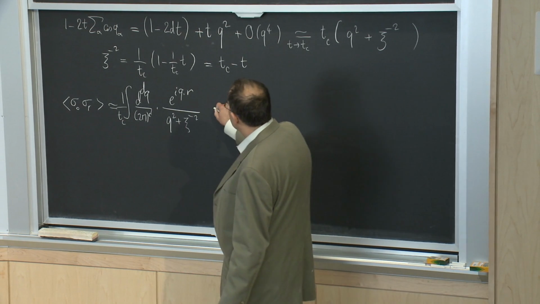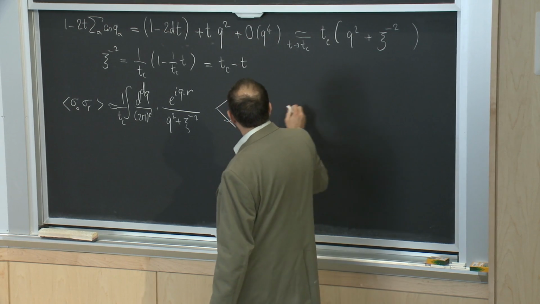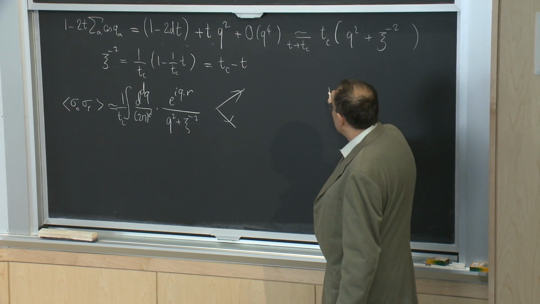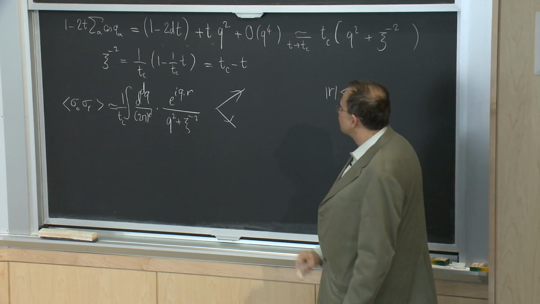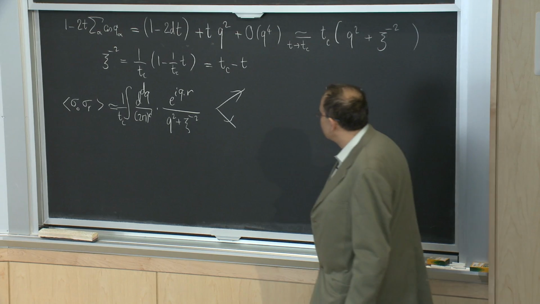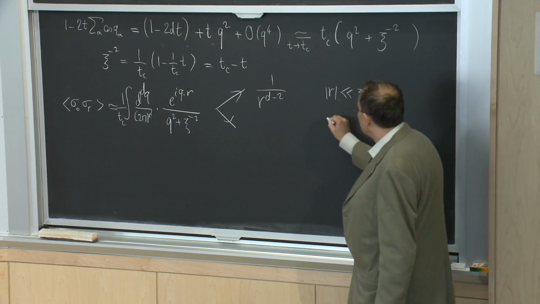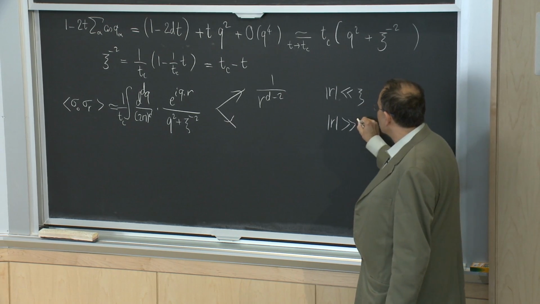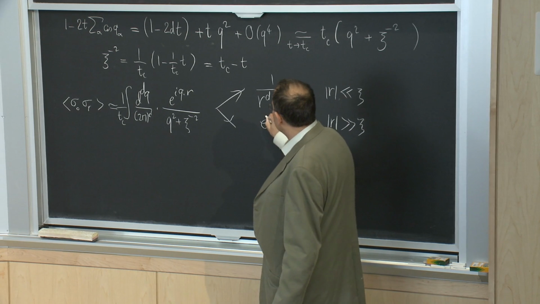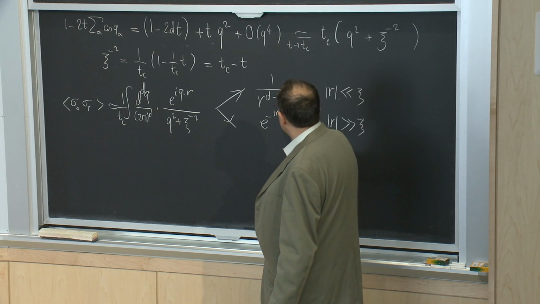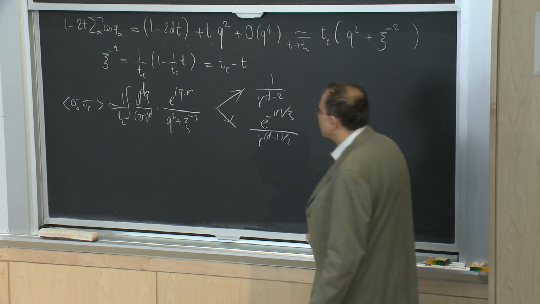So this is something that goes, when you are looking at distances that are much less than this correlation length, as the Coulomb power law. When you are looking at distances that are much larger than the correlation length, you get the exponential decay with this r to the (d minus 1)/2 factor.